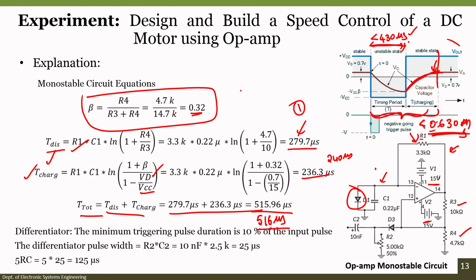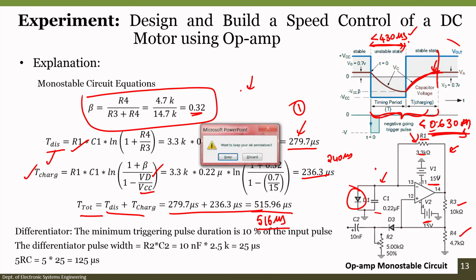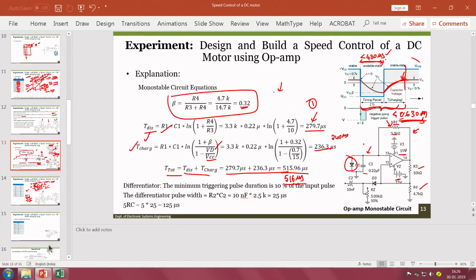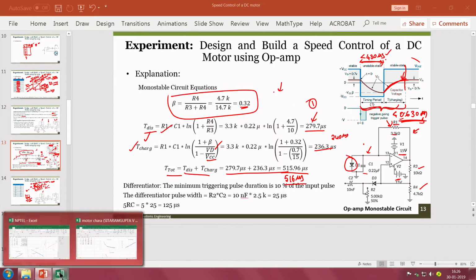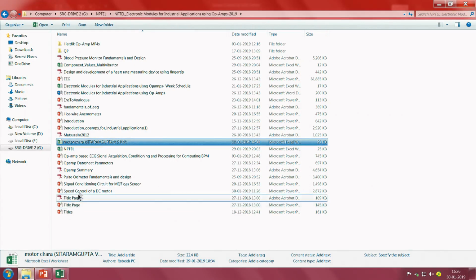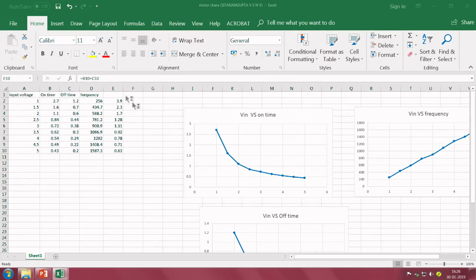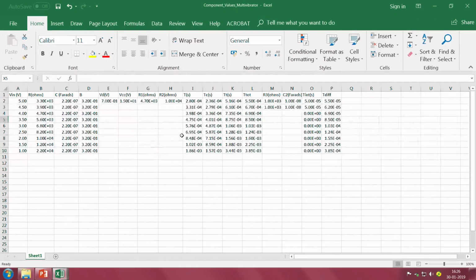These particular resistors and capacitors have been selected by trying different permutations and combinations. Here we can observe the different sets of values that we have tried in order to match our requirement.